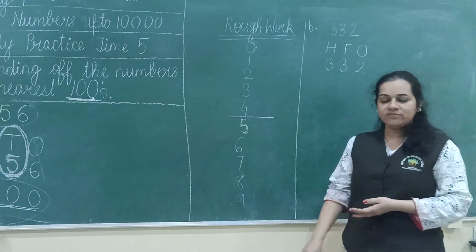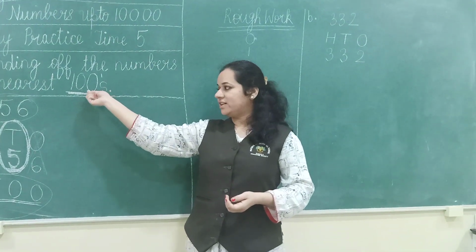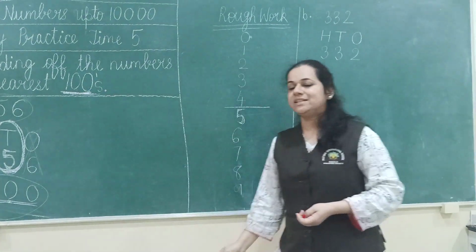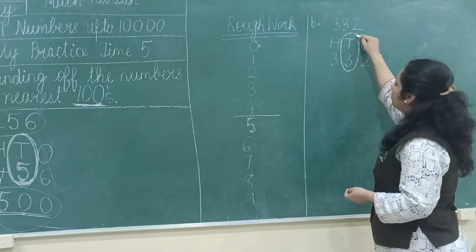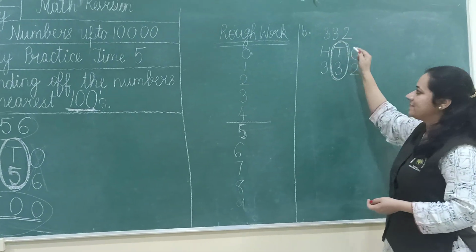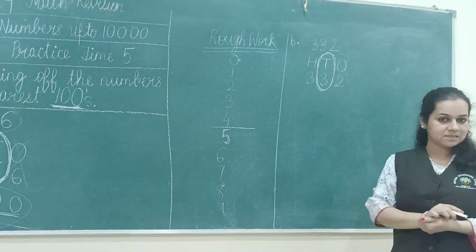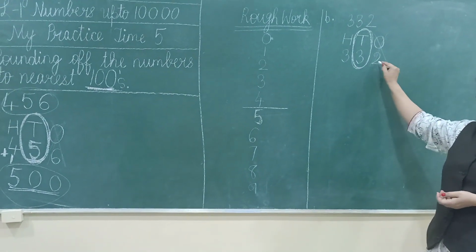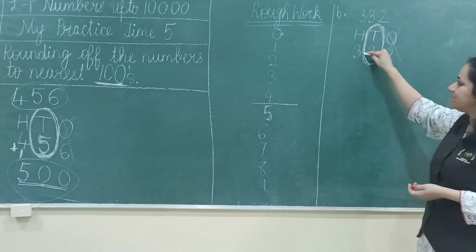Now, rounding the number to the nearest hundreds, which number do we see? We see the number on the tens place. We do not see the number on the ones place.